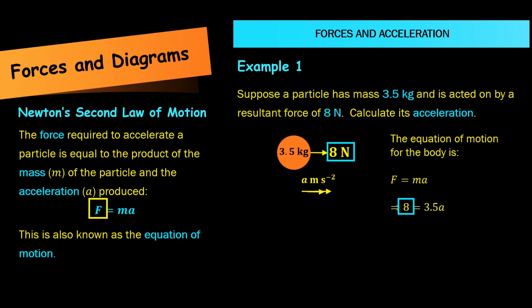Therefore, 8 equals 3.5 times a. Rearranging this equation gives us that a equals 8 over 3.5, which is 2.3 meters per second squared.